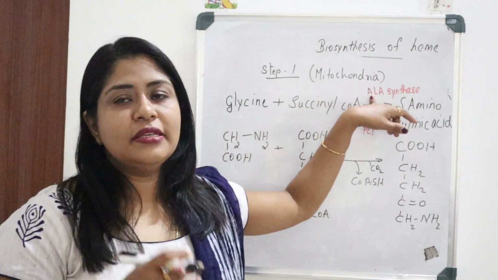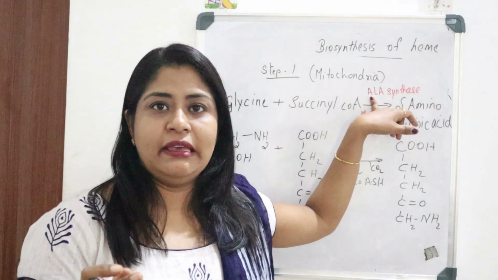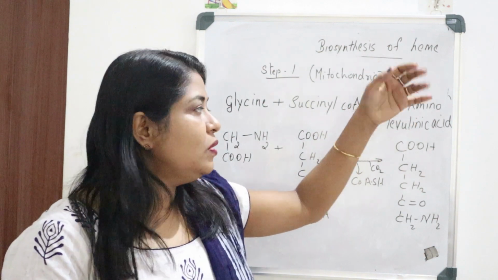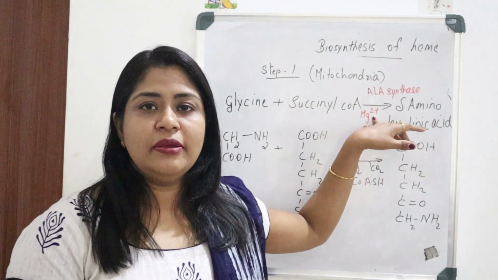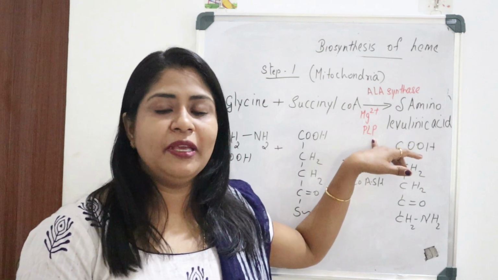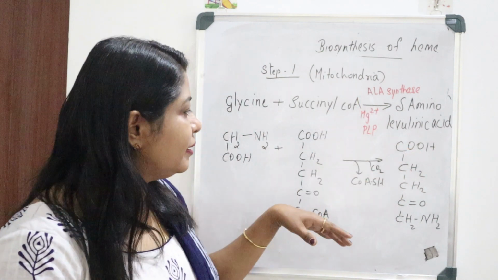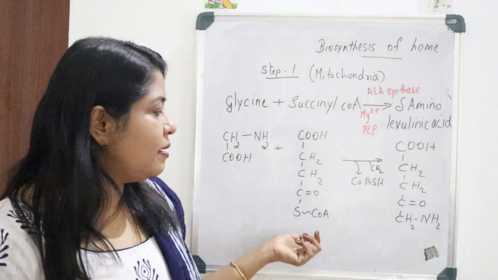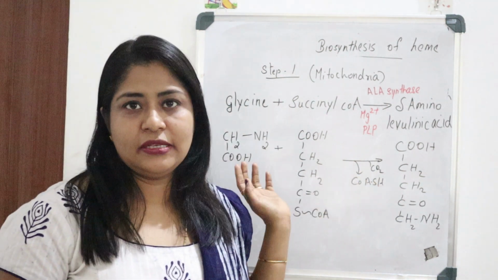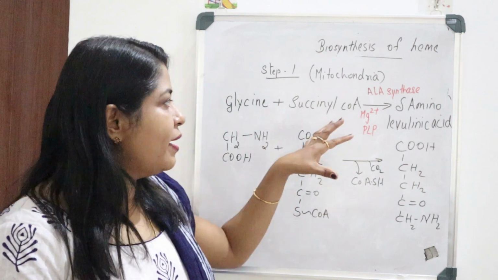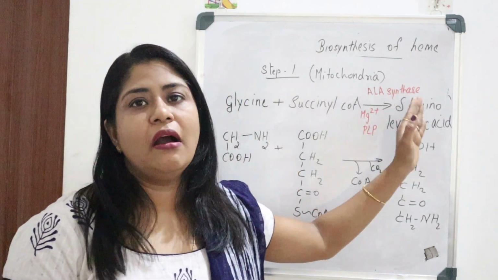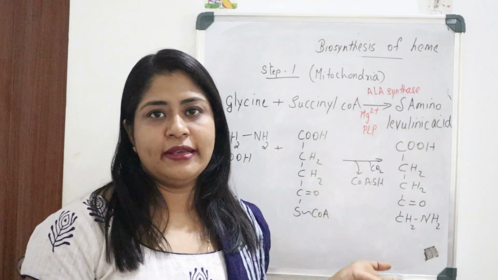The enzyme required is ALA synthase, or delta-aminolevulinic acid synthase. It requires magnesium as a cofactor and PLP as the coenzyme, and it releases carbon dioxide and coenzyme A, in the form of CoASH.